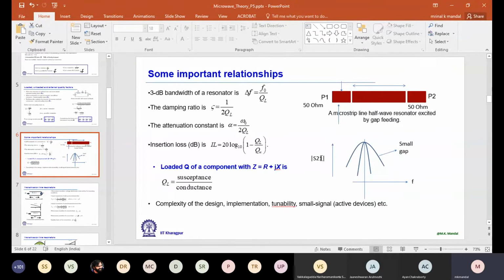Actually, at the resonant frequency, what is the angle of Z in, let's say? 45 degrees? From where do you get that magic figure of 45 degrees? Zero, sorry, yes.